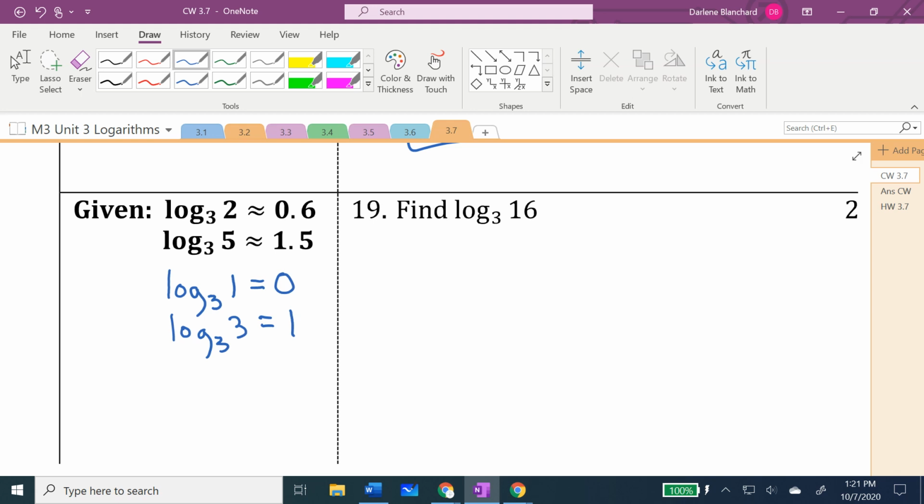Anyway, moving on. So you need to look at 16 and figure out through multiplication, division, exponent, how can we break that up with a 5 and a 2?